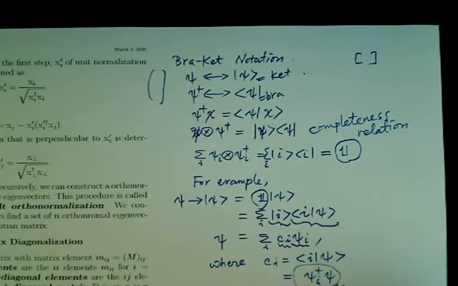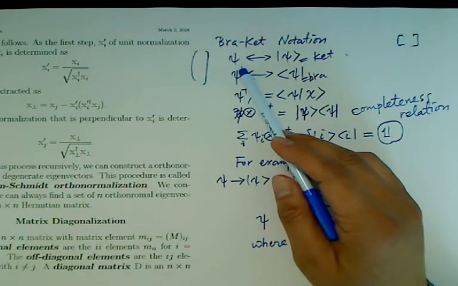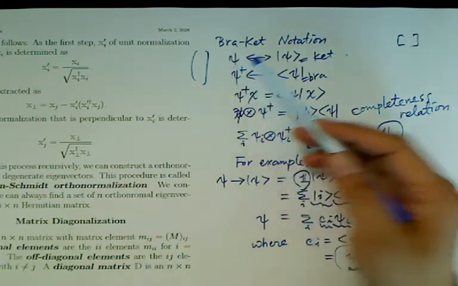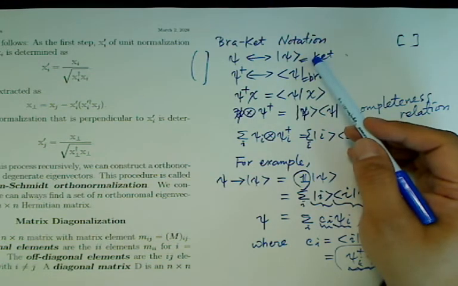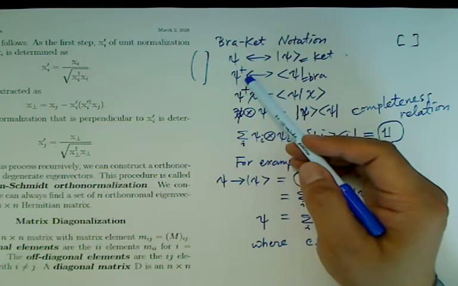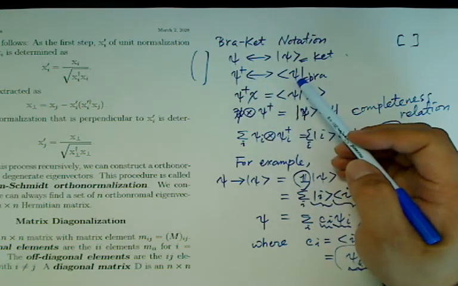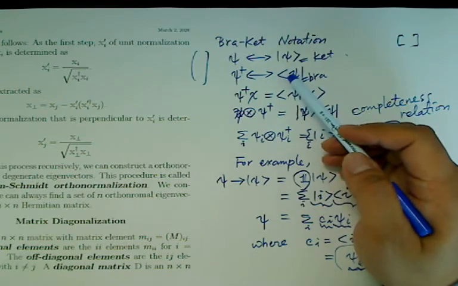Bracket notation is just a simple compact form of this matrix algebra for the Hilbert space calculation. For a column vector in the Hilbert space, we use psi, but instead we can also use a ket vector. If I introduce a Hermitian conjugate of a column vector, the bra can be used. There's a one-to-one correspondence.